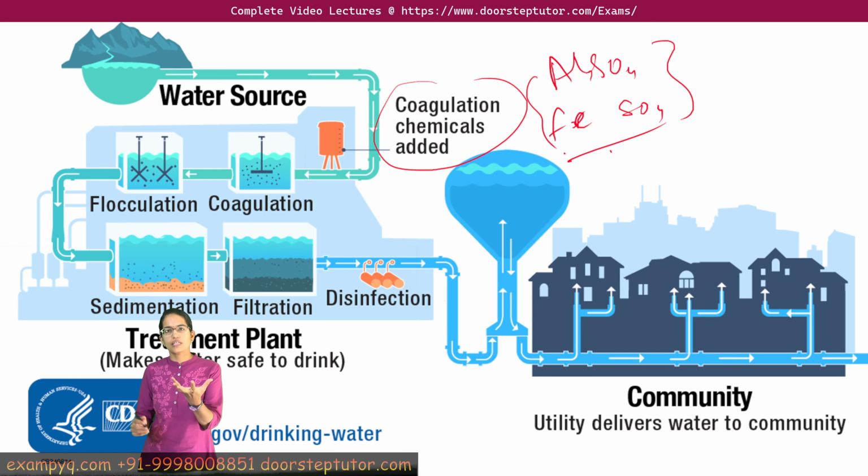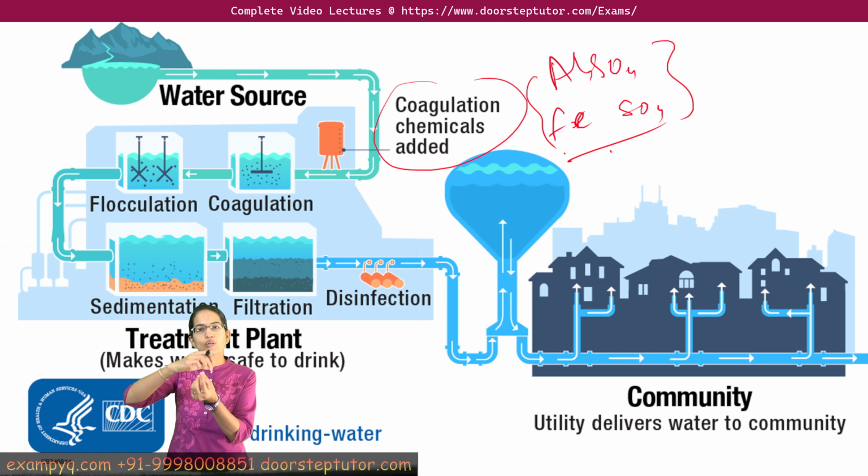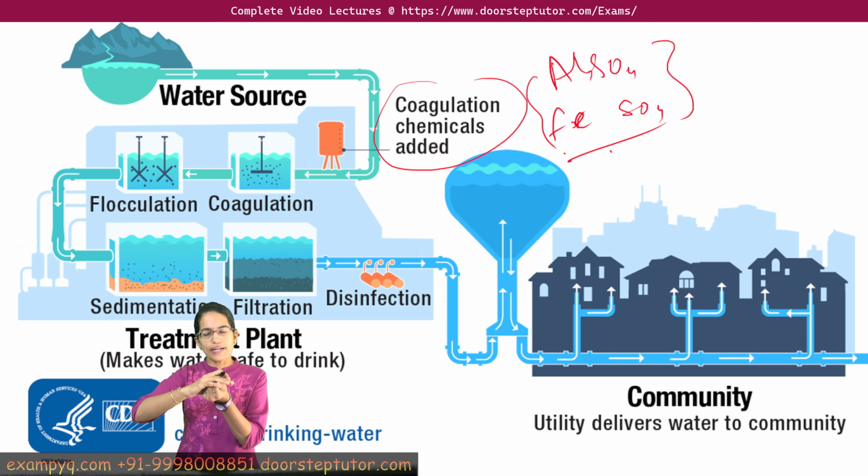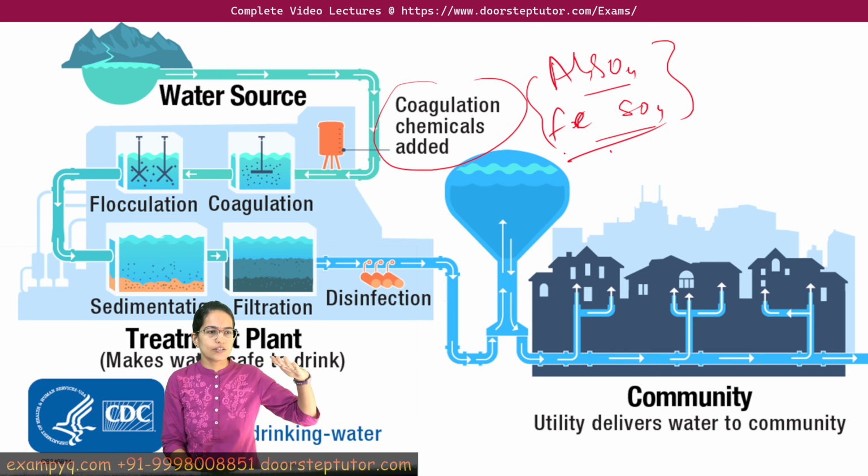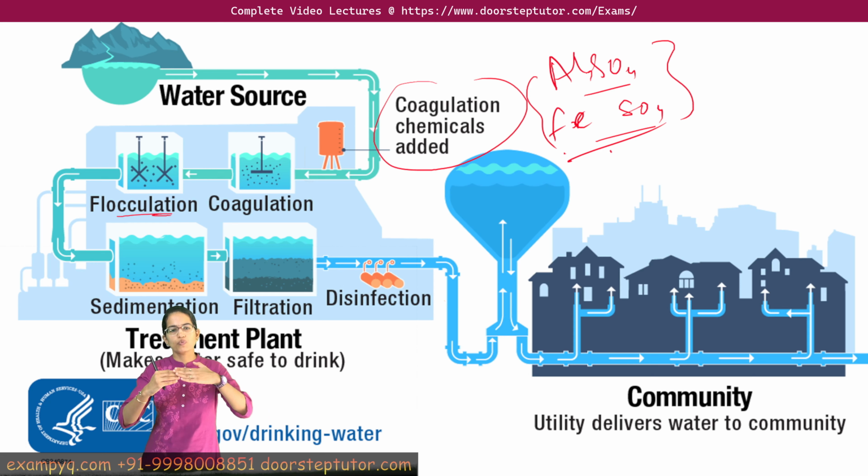Coagulation is the first step through which the dirt binds together. So when aluminium sulfate and ferric sulfate are added, they form salts which bind with the dirt, and this is later on going through the process of flocculation where flocs are formed. What happens is the larger heavier particles are separated, and this comes without any additional effort once the coagulants are added.